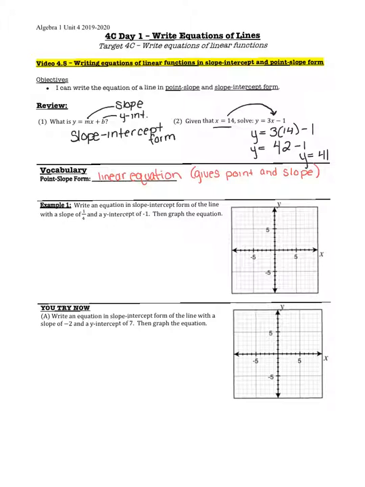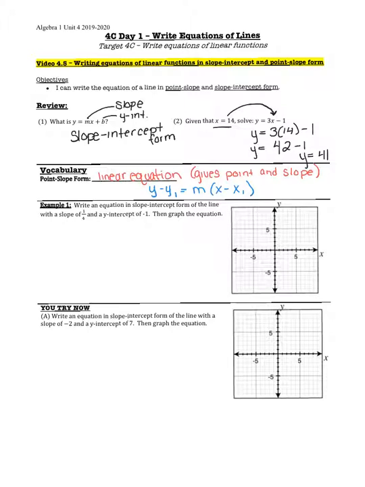And here's the formula. So that formula is y minus y1 is equal to m times x minus x1. Embedded in that is the given point and the slope.